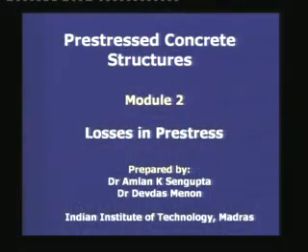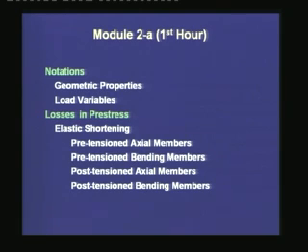Welcome back to Prestressed Concrete Structures. Today we are starting the second module on losses in prestress. In the first lecture in this module, we shall first get familiar with the notations in the geometric properties and load variables.